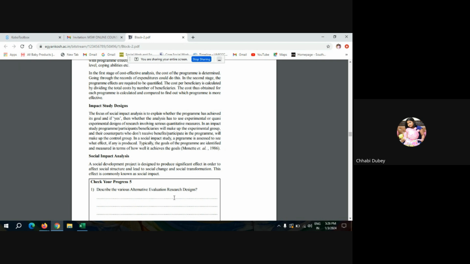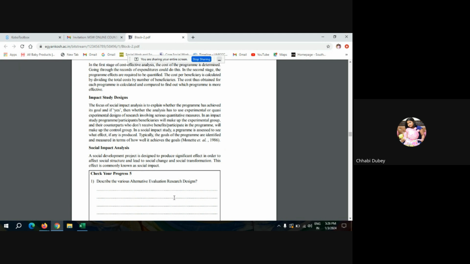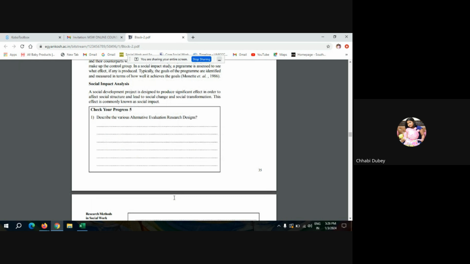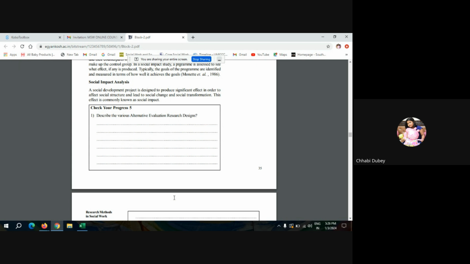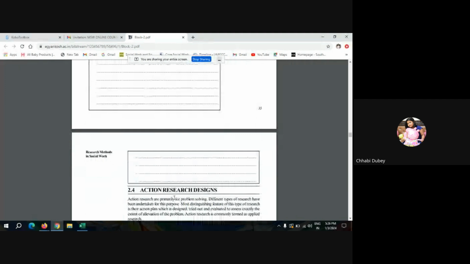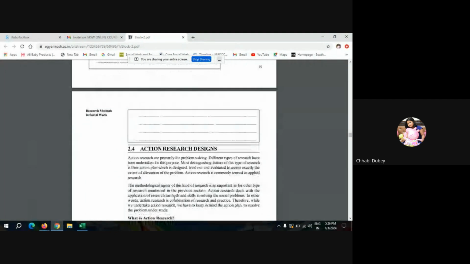And this is what is effectively known as the social impact. And social impact analysis is all about analyzing this impact that these social development programs have on the society. So this is all about social impact analysis.